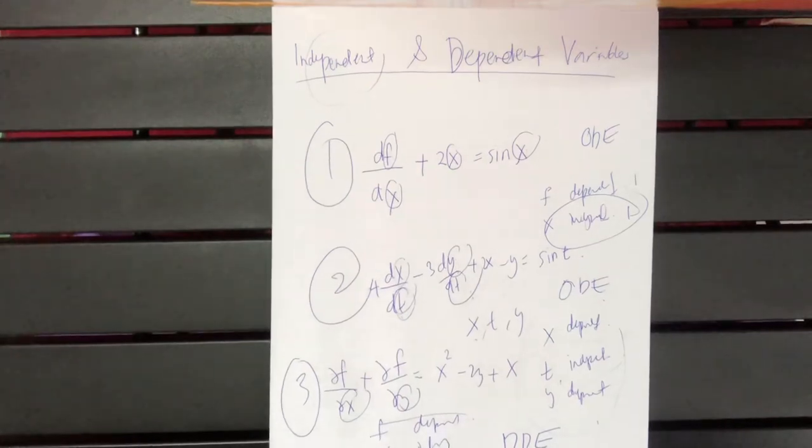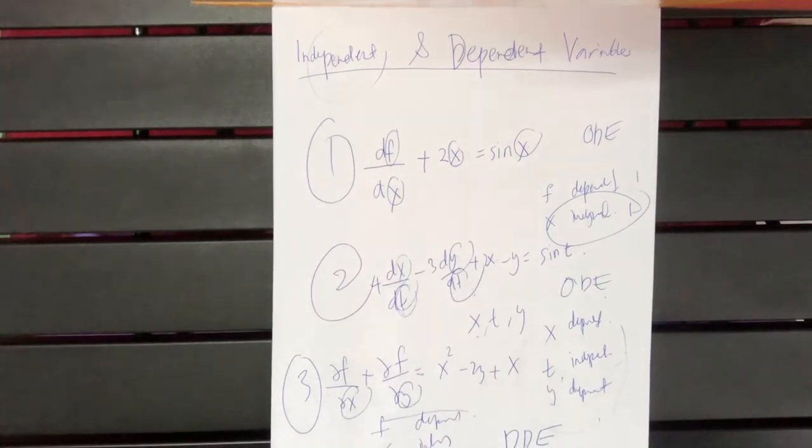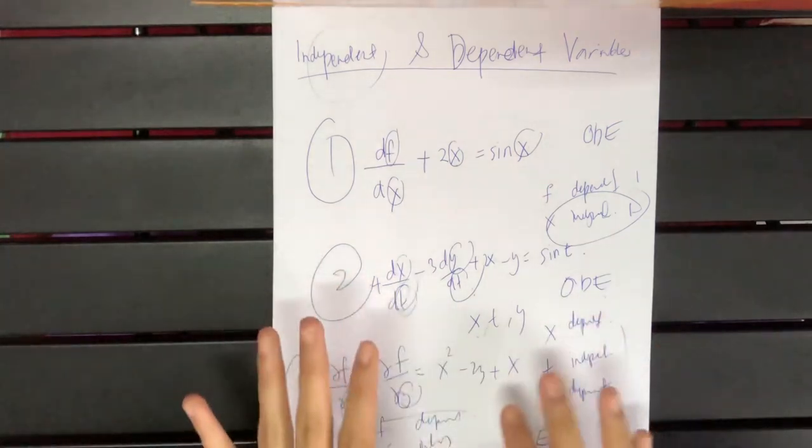Clear? I think this is easier for you to understand. You just need to know how many independent variables are involved, and then you can conclude whether the question is ODE or PDE.